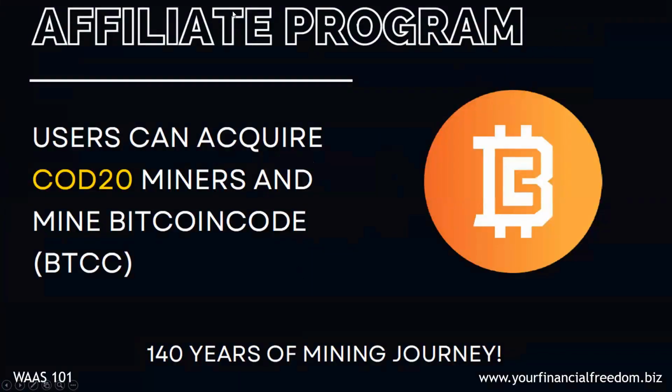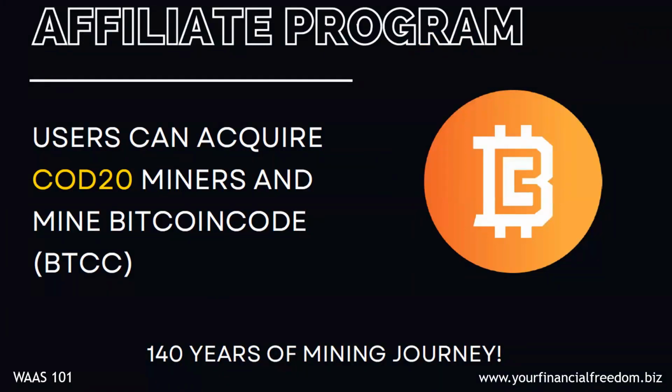Now the affiliate marketing program, users can acquire the code 20 miner, mine Bitcoin code, and this is a 140 years journey. Now, most of the platforms out there last 6 months, 3 months, 2 months, 1 month, sometimes even a couple of weeks.